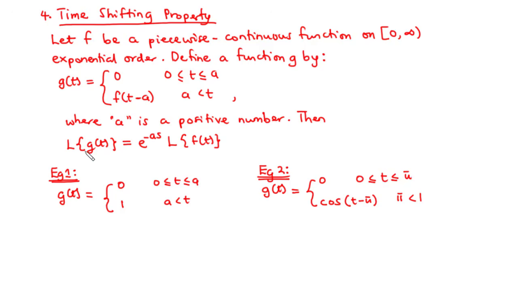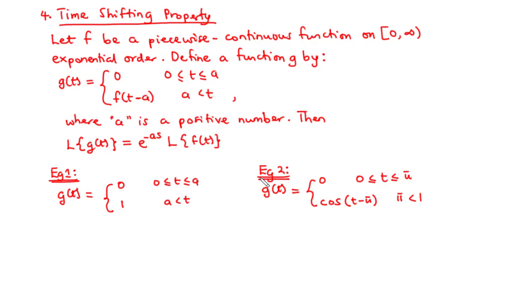So given the function g of t, if that function is delayed in time by a, then the Laplace transform of g of t is equal to the Laplace transform of the function without the delay times e to the power -as.